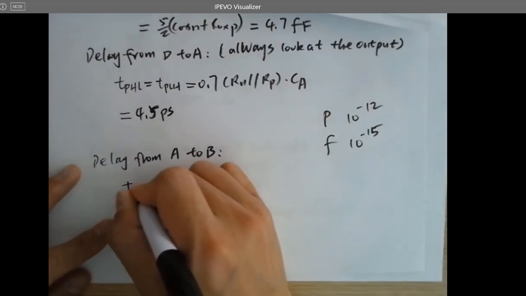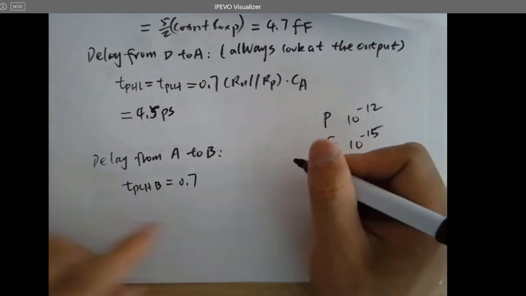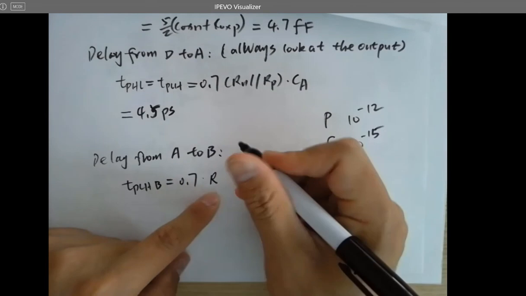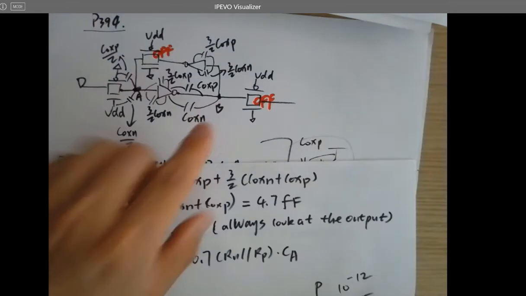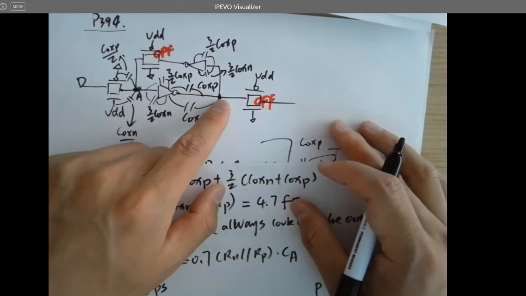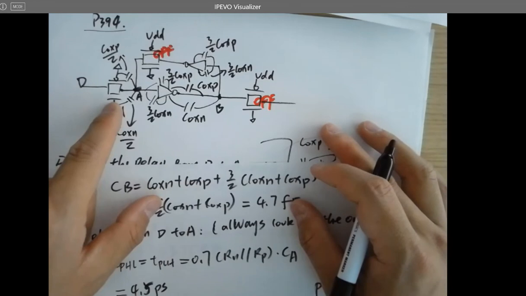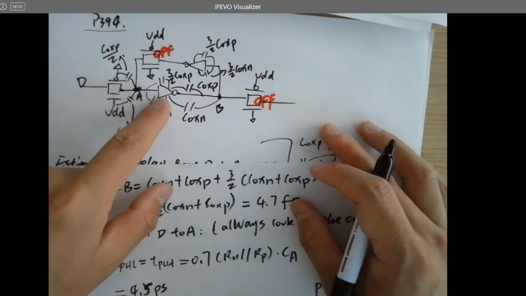So TPLHB at the B point, which is 0.7 times what? R what? No, A to B, we are looking at point B. So point B is being shorted to inverters, not the transmission gates. Why doesn't this one have the channel resistance, since it's being shorted to the input of the inverter?